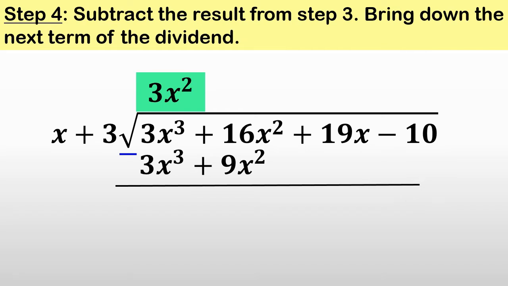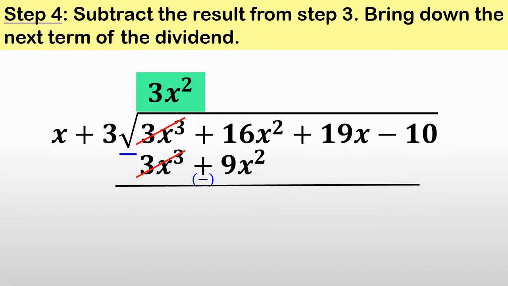Tandaan, kapag tayo ay nasa operation ng subtraction, automatic, we need to change the sign of the subtrahend. So, let's change the sign and then let's subtract. 3x cubed minus 3x cubed. So, it is equal to 0. That's why we need to cancel it. So, cancel out na natin siya.